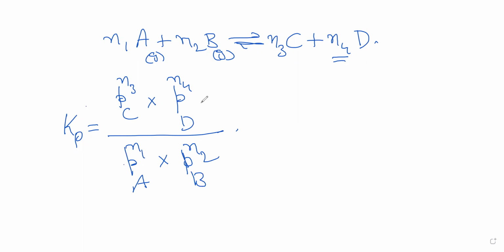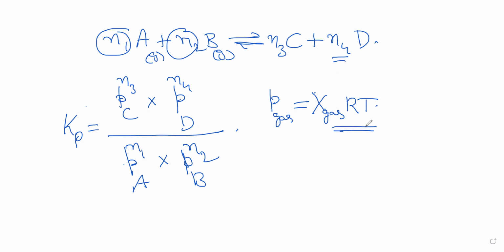The coefficients, whoever are there, they will come to powers. That is how you can remember. Now we know this very well, that the partial pressure of any gas is equal to the concentration of the gas multiplied by RT.